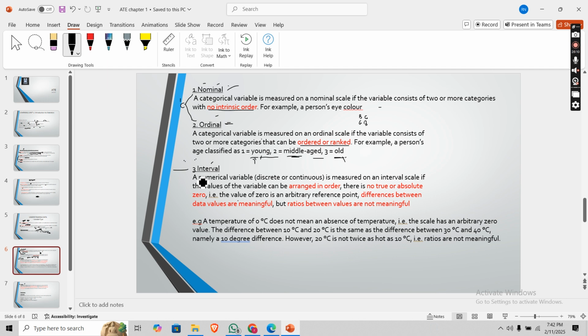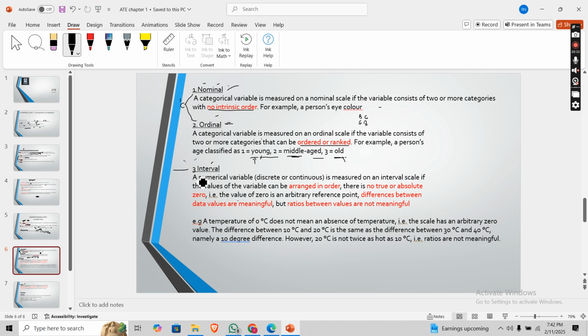Please write this down: a numerical variable, either discrete or continuous, is measured on an interval scale if, then write a colon to indicate that you're going to write some points underneath.